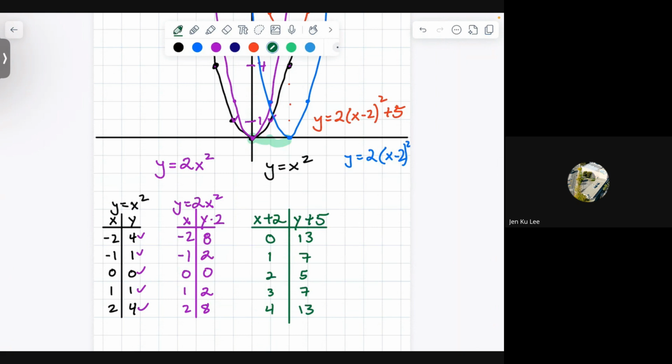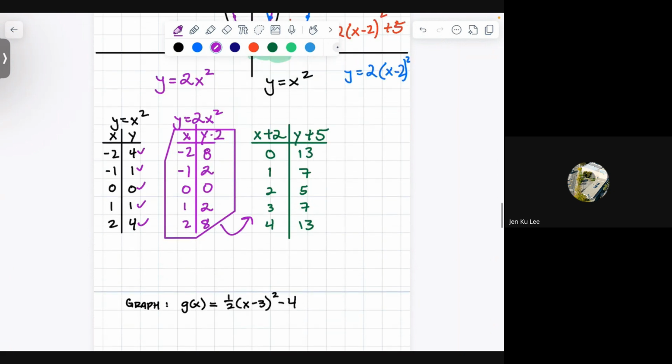Now notice that I got these points. I didn't go back to the original; I transferred this over, used my purple points as my function, and then I shifted it to that.